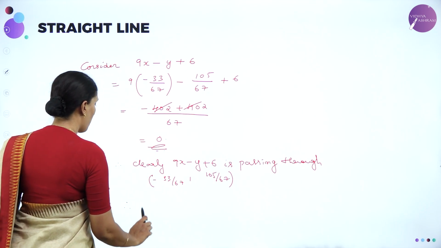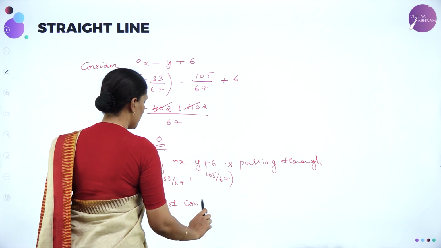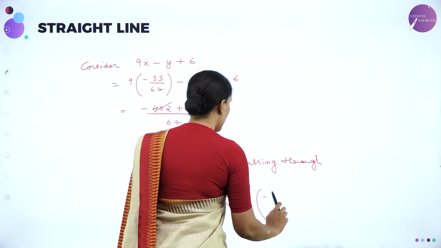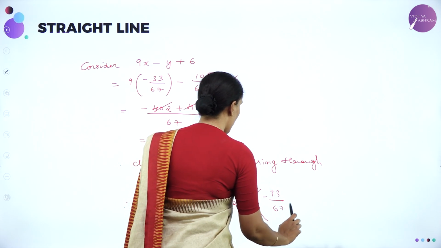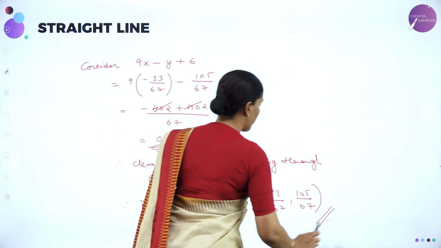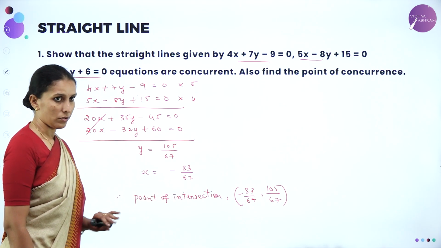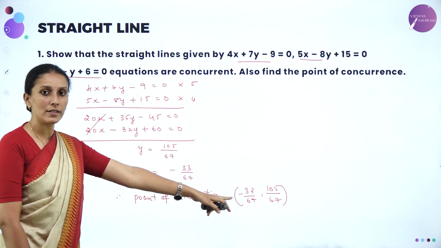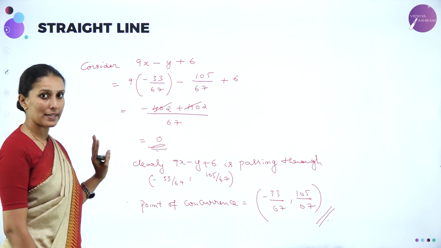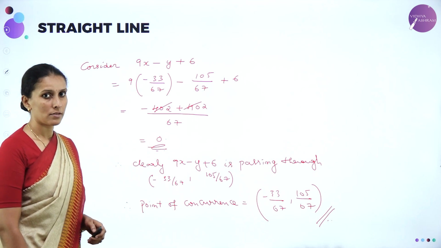So, therefore, the point of concurrence is (-33/67, 105/67). First we found this point of intersection. If the third equation passes through the same point, then obviously the equation will be equal to 0, and we are getting it as 0. So therefore the point of intersection is the point of concurrence.